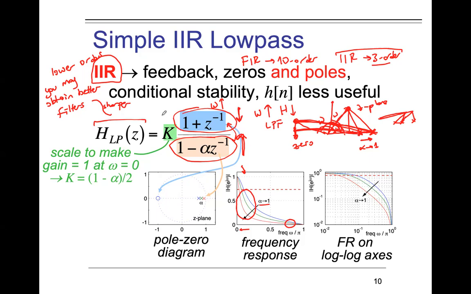Let me write an FIR filter H of Z. This is an FIR filter H of Z. There is no denominator here, only numerator. Denominator is 1. Are we understanding, friends? Was this difference understood?